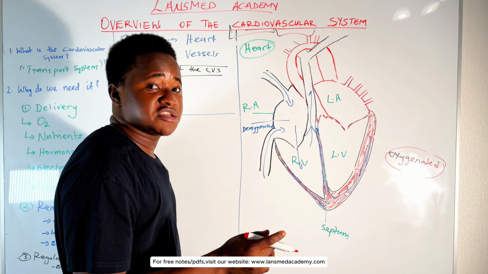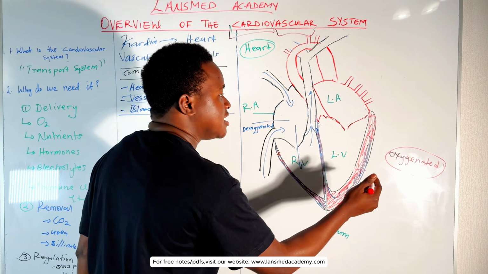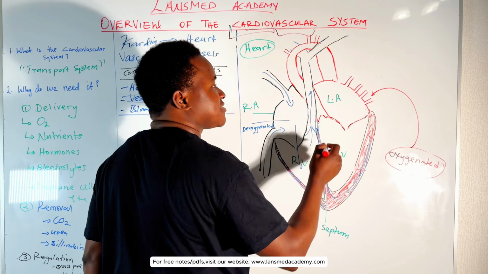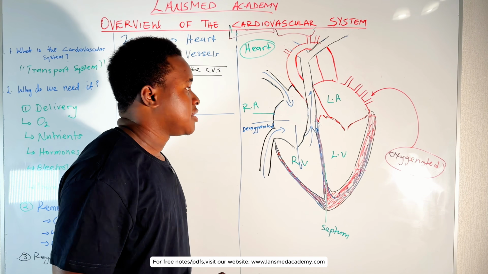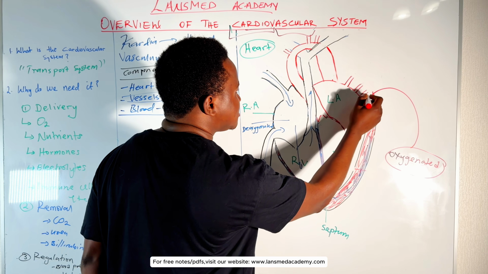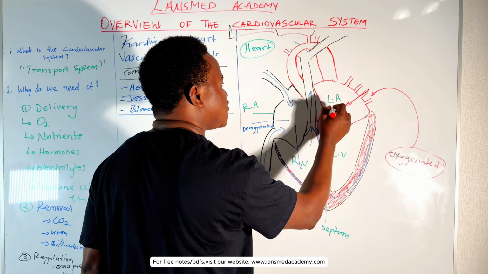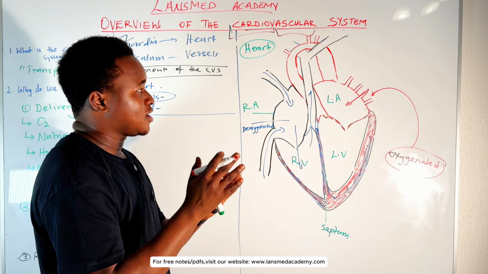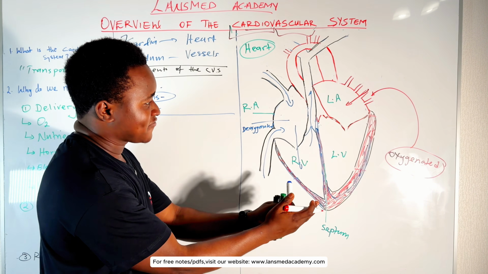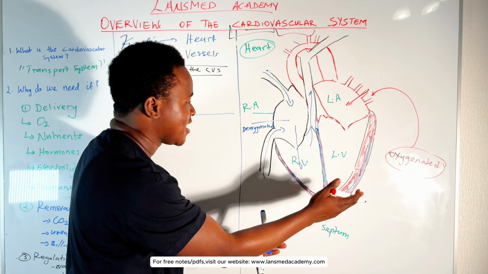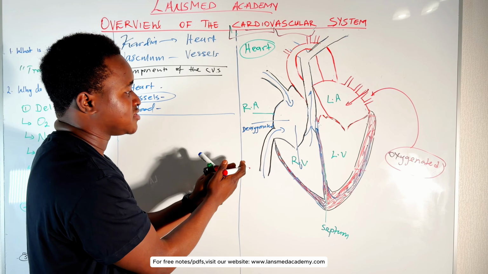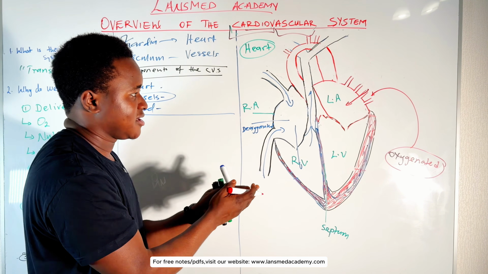Now this oxygenated blood from the lungs is coming back to the heart via the pulmonary vessels. And they are going to empty into the left atrium. So now we are understanding that the left part of the heart is receiving oxygenated blood, and the right part of the heart is receiving deoxygenated blood.